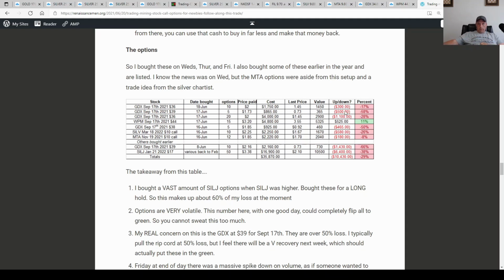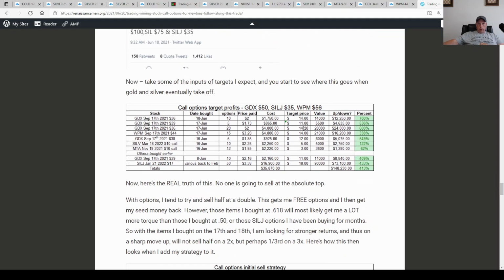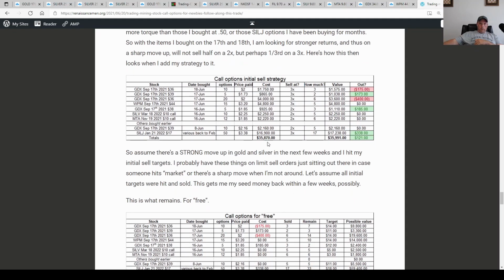Now, with my options, I also have target prices I'm looking at that are long term, where the big target prices might be. But these target prices are potentially where I'm selling some. Yeah, this is my initial sell strategy. So when they get to a certain value, that's when I'm going to be selling maybe a third of my position.